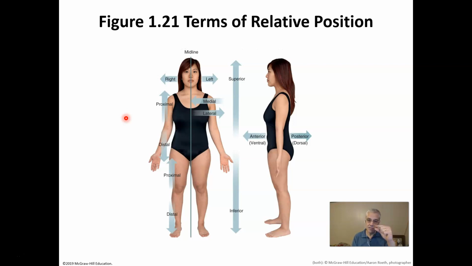Proximal and distal can be very tiny distances, or they can be longer distances. My shoulder is proximal to my elbow, but my elbow is proximal to my hand. Or my hand is distal to the elbow. So you have to get comfortable using these terms, and then practice using these terms.